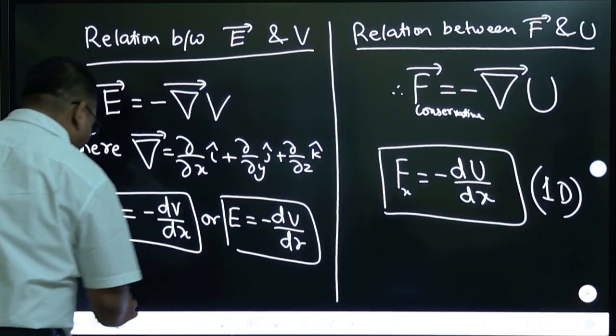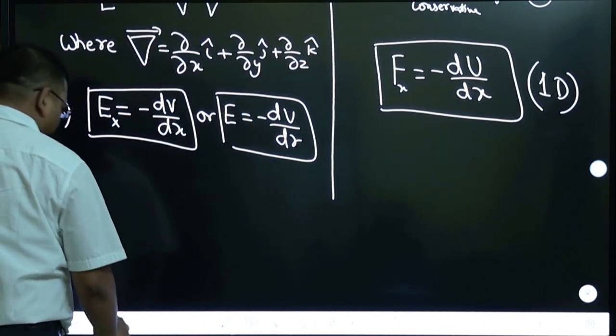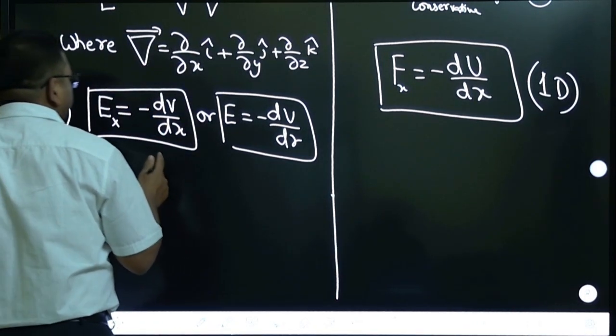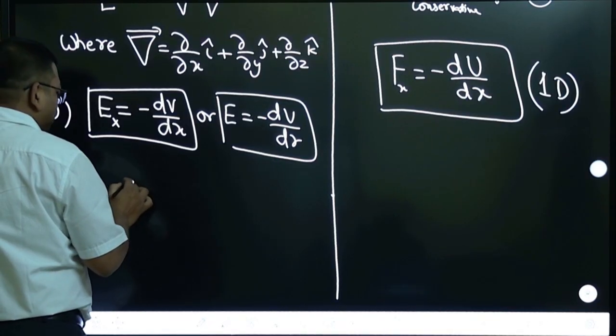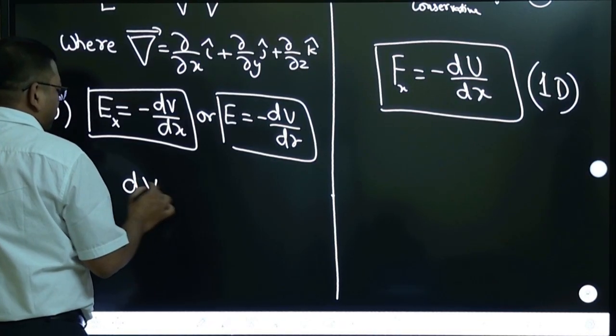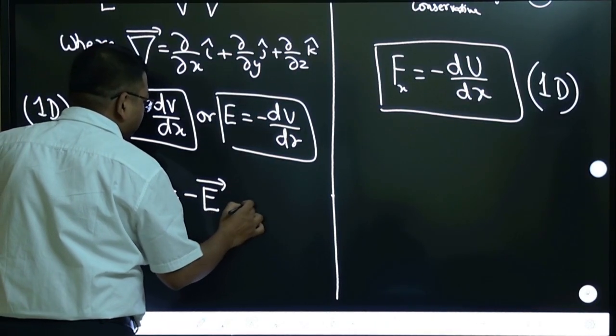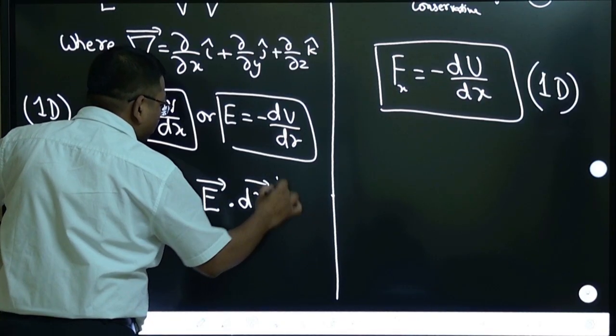Now the reverse relationship is also important. What is the reverse relationship? The change of potential dV can be written as minus E dot dr. This we have to remember. This is a dot product.